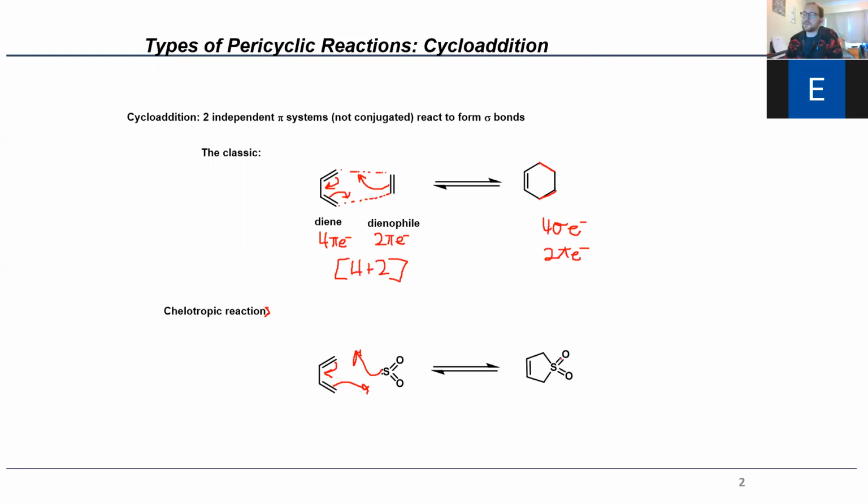In this case, it's simply just like a cycloaddition reaction, except the dienophile unit in this case is a single atom, so it's just sulfur. And so chelotropic reactions are a subset of cycloaddition reactions.